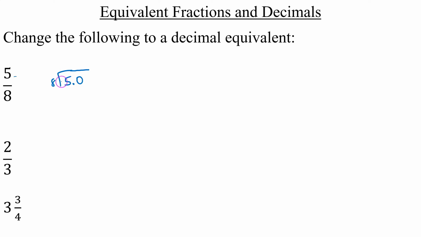So now we can think about how many times 8 goes into not 5, but 50. I know that 8 times 8 is 64, so that'd be too much. 8 times 7 would be 56. That's still too much. So 8 times 6, that's 48.